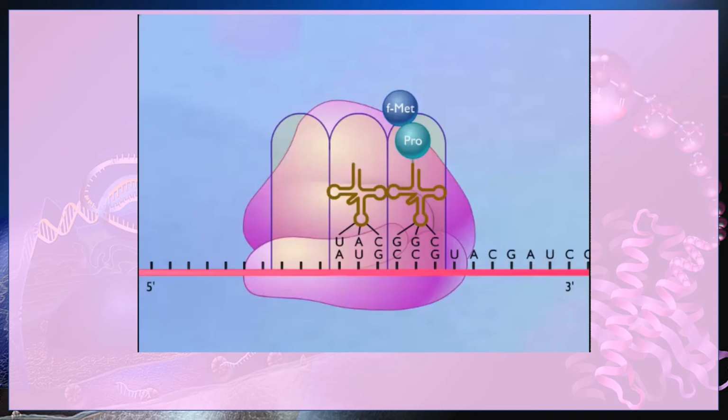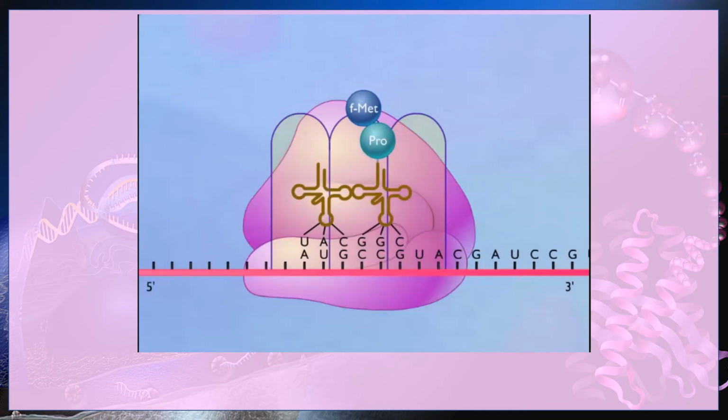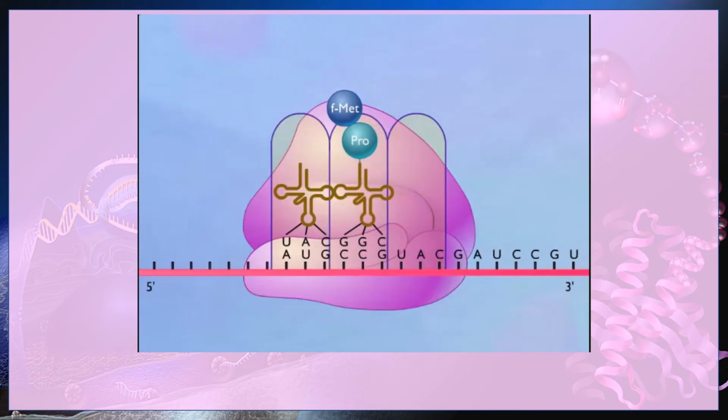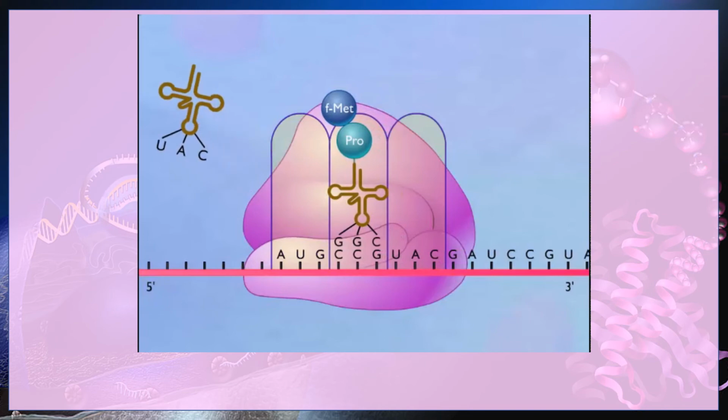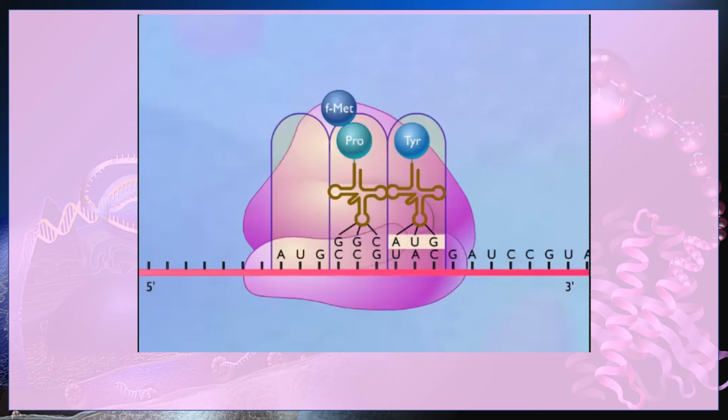The ribosome now advances a distance of 1 codon, and the transfer RNA that carried the formyl methionine is released at the E site. A transfer RNA carrying the next amino acid now moves into the A site where the anticodon on the transfer RNA matches the codon on the messenger RNA.